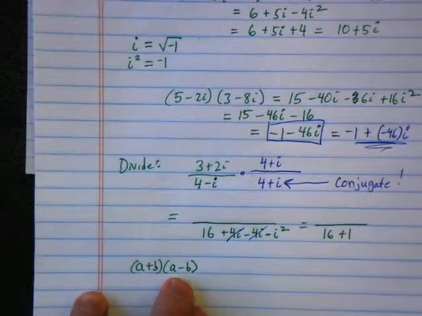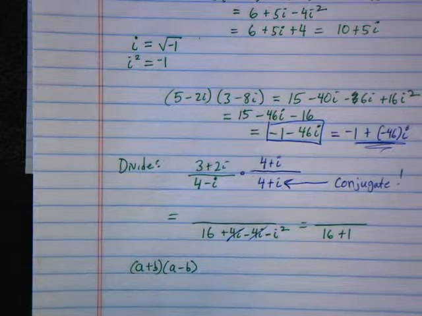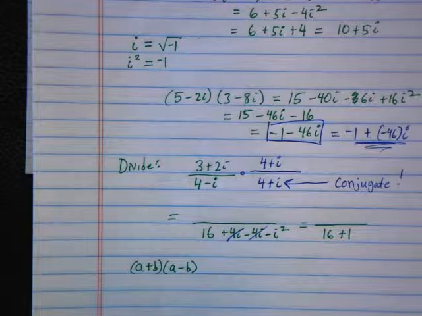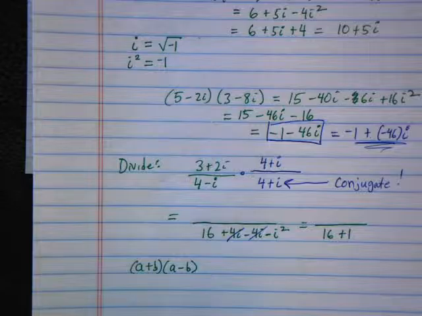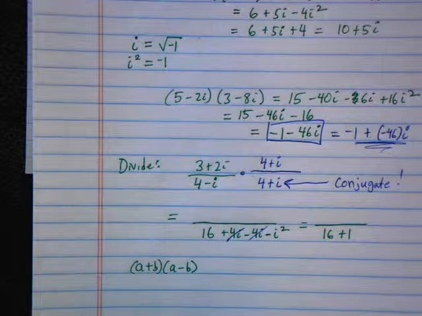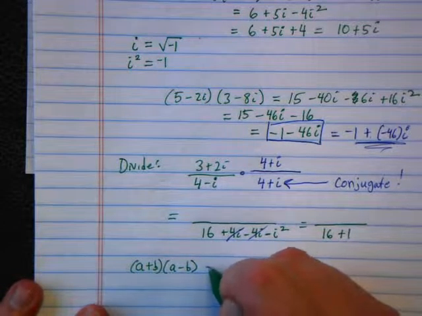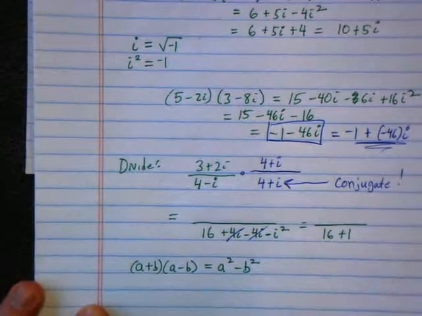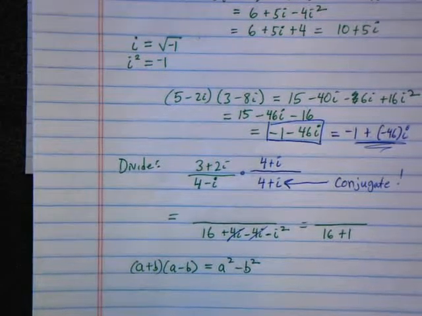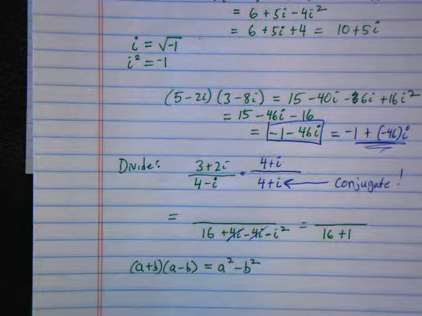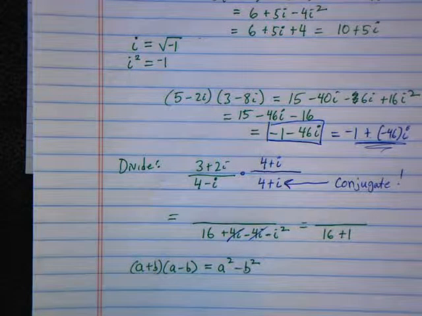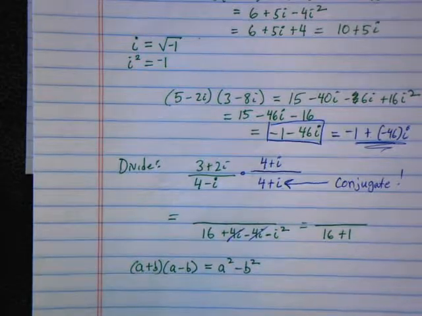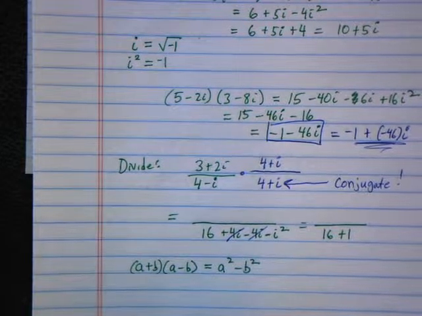That's basically what we did. We changed the sign in the middle. What do you get? This is one of our factoring formulas. You get the difference of perfect squares, a squared minus b squared. So that's why we use the conjugate. We're using that formula. That formula makes the middle two pieces go away.